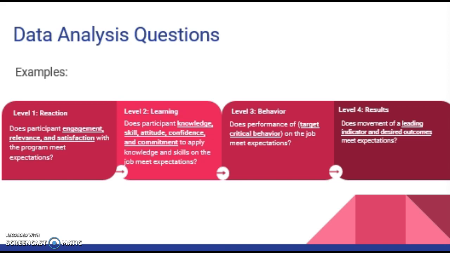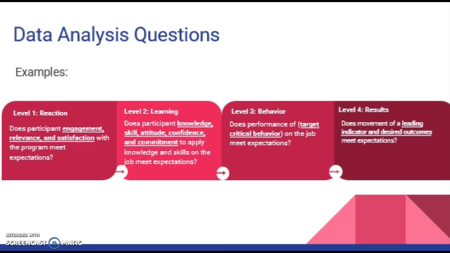Or does the relevance of the program to the participants' job responsibilities meet expectations? Also, does the satisfaction of the participant within the program meet the expectations? There's some key words there within the level 1 to pay attention to. Would be the engagement, relevance, and satisfaction, all revolving around the participant.